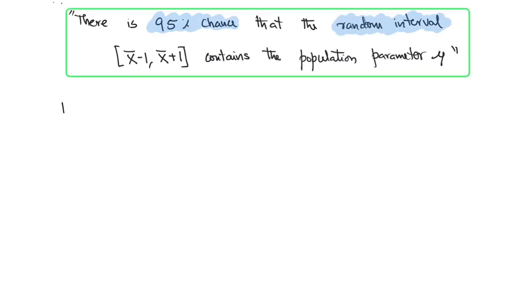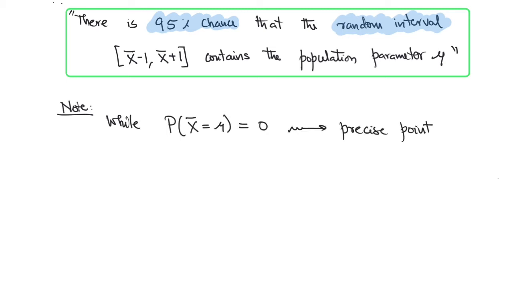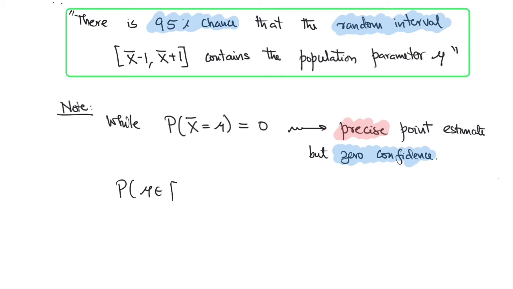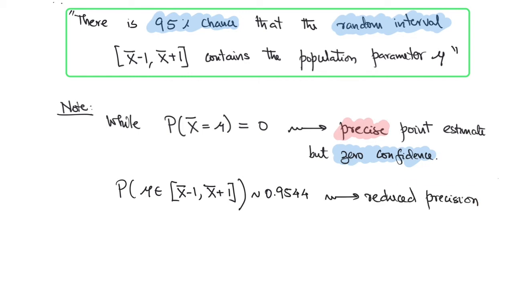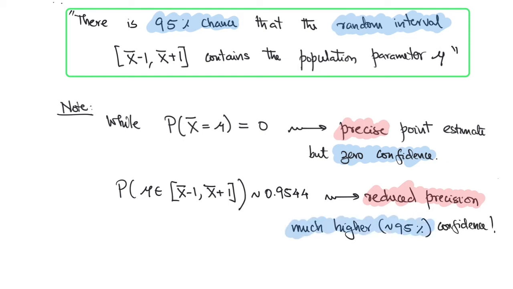Note that while the probability that x bar equals mu is 0, that is, we have a precise point estimate but zero confidence, the probability that mu lies inside the random interval x bar minus 1 comma x bar plus 1 is 0.9544, which gives us reduced precision because we are working with an interval here, however much higher confidence.